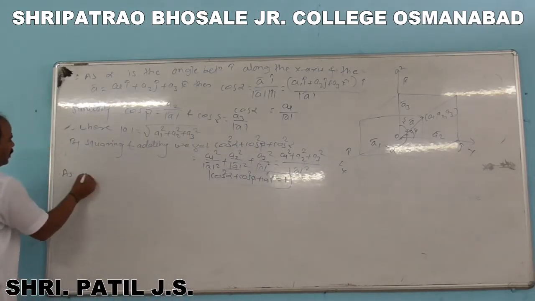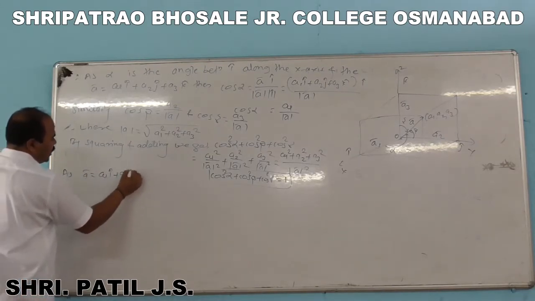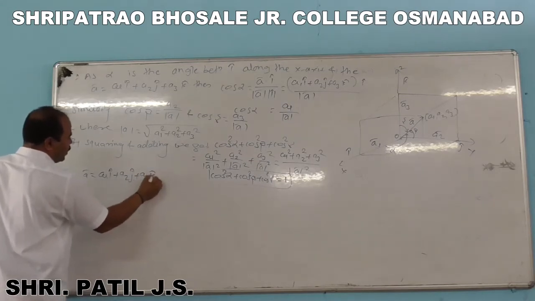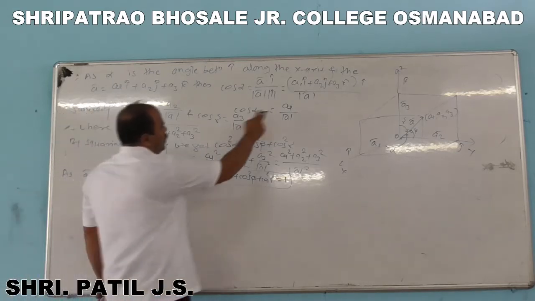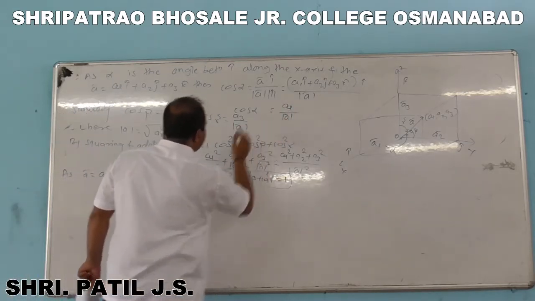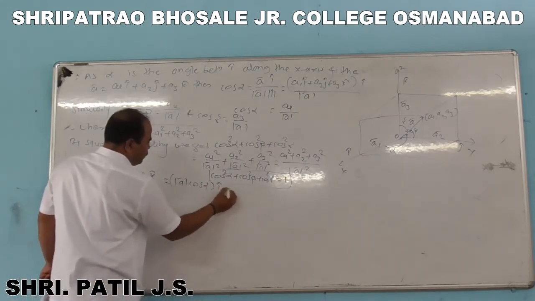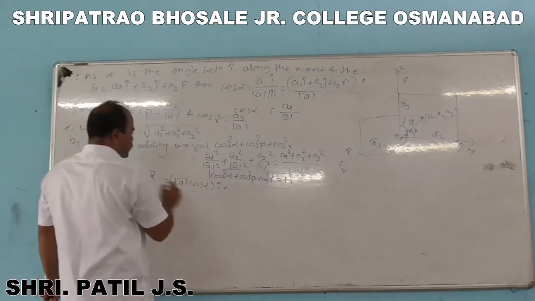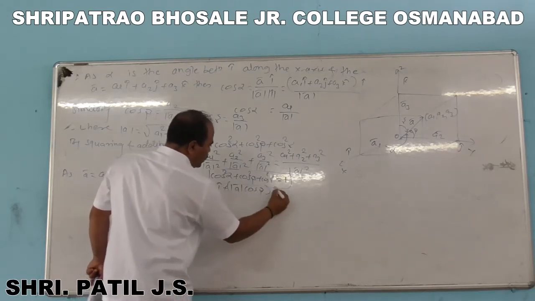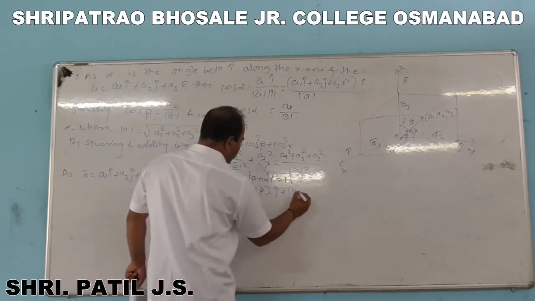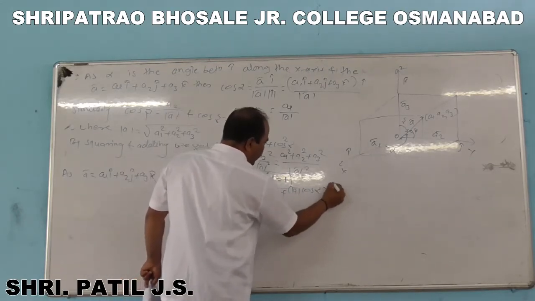As A equal to A1 I cap plus A2 J cap plus A3 K cap, that means here A1 means mod of A into cos alpha I cap, A2 means mod of A into cos beta J cap, plus A3 means mod of A into cos gamma K cap.